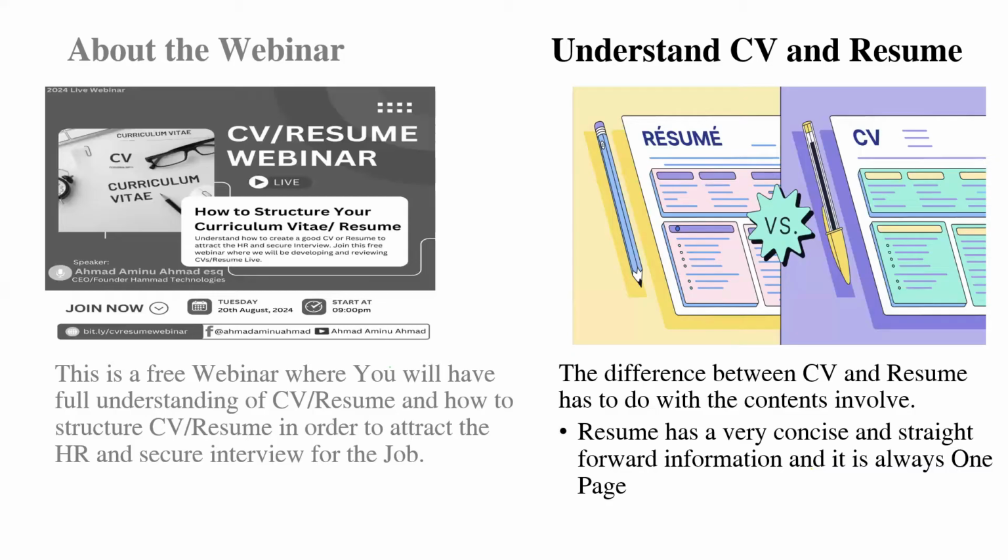When they look at it, they'll say, okay, this person has a master's degree, he worked in so, he did so project, and that's all about you. They'll just see if you qualify for the job, they'll call you. If not, they will not call you. They don't even need your referees, they don't even need anything. It's just very straightforward and concise information. And like I said, it's usually one page of something about you.